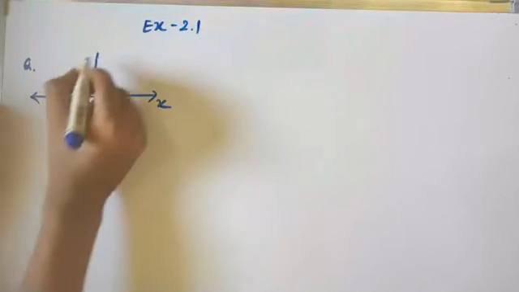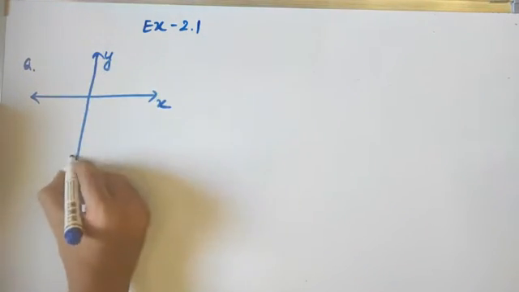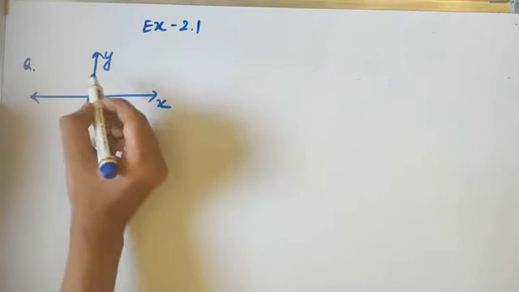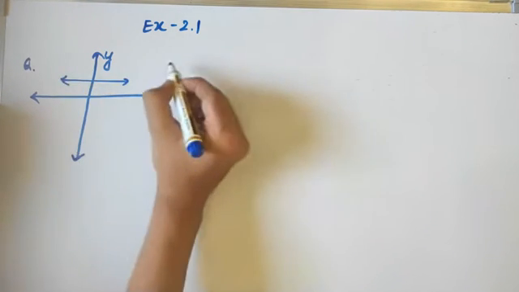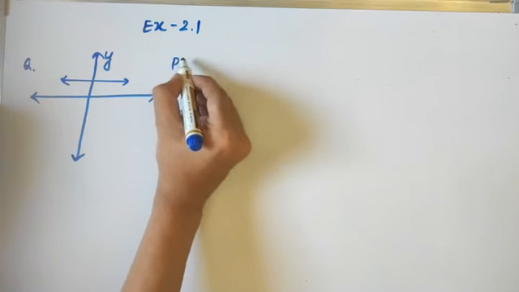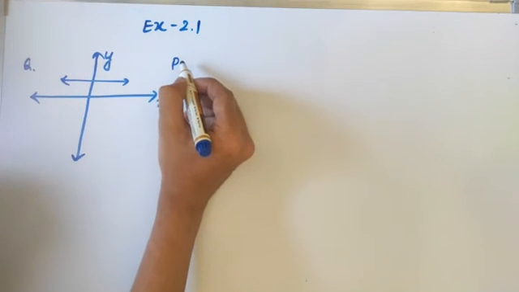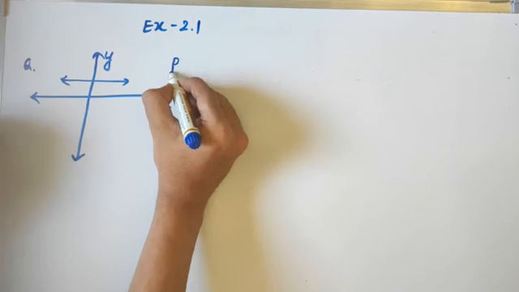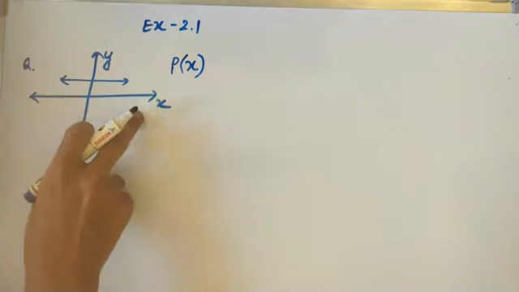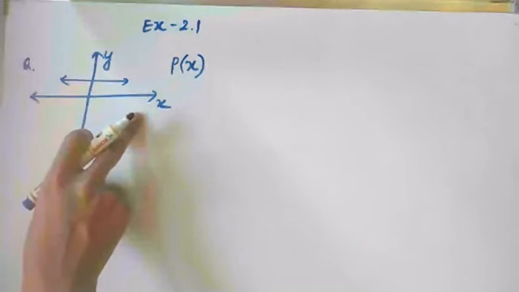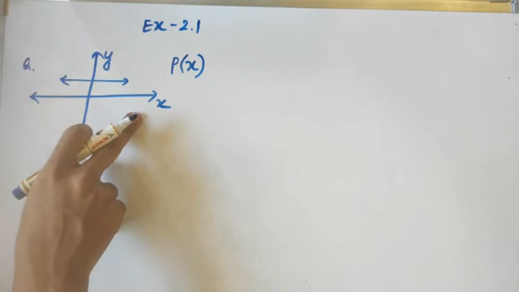This is the x-axis, this is the y-axis. The line intersects at this point. You are asked to find the number of zeros for p of x. So the basic concept is, if the graph intersects the x-axis, we can easily find out.